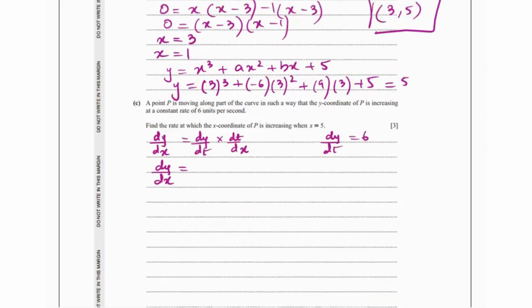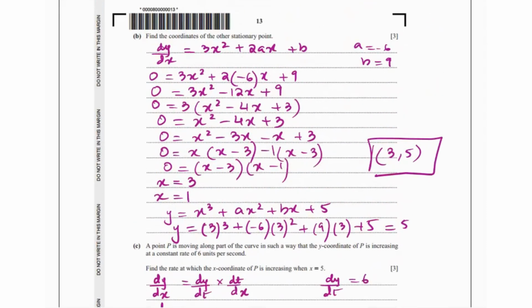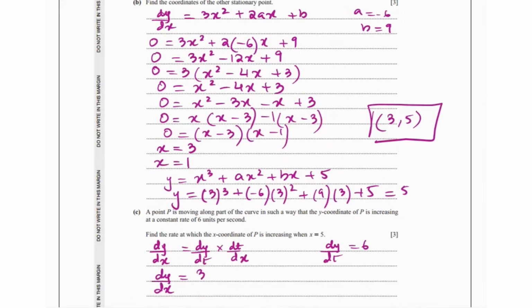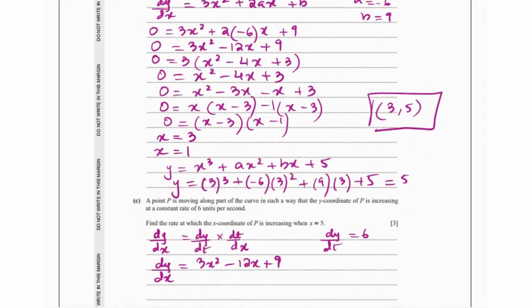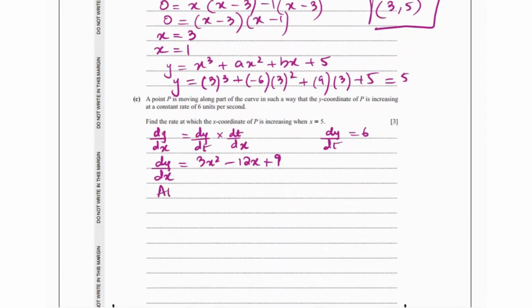So dy/dx is 3x squared minus 12x plus 9. At x equals 5, it's going to be 24.